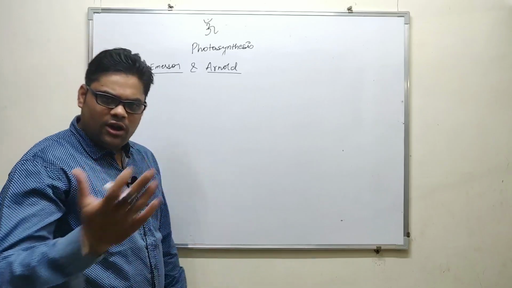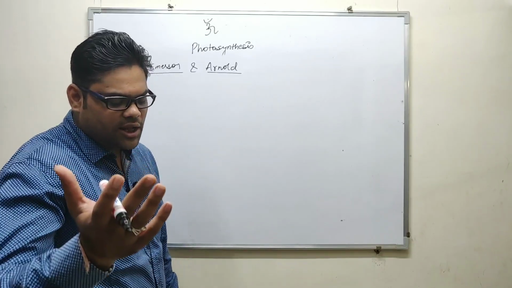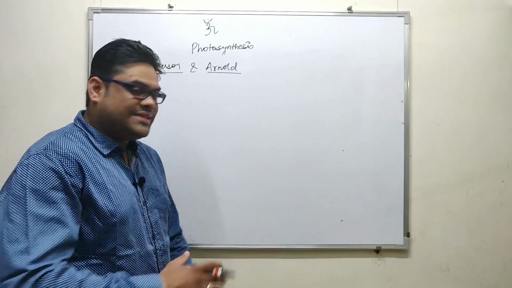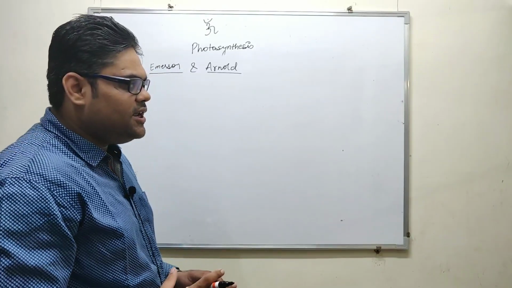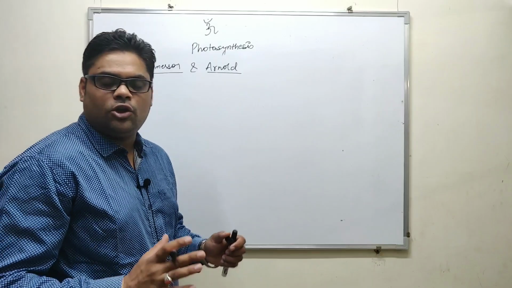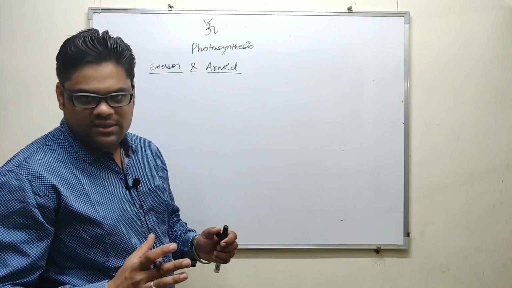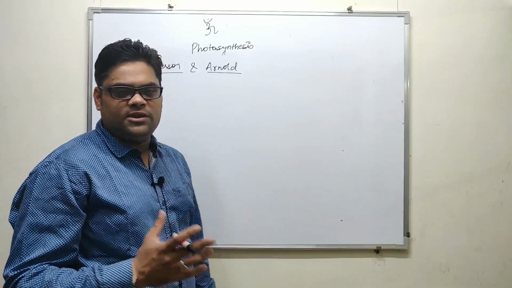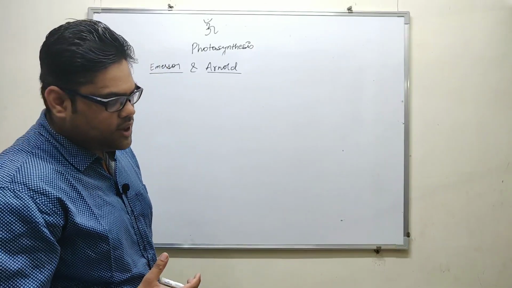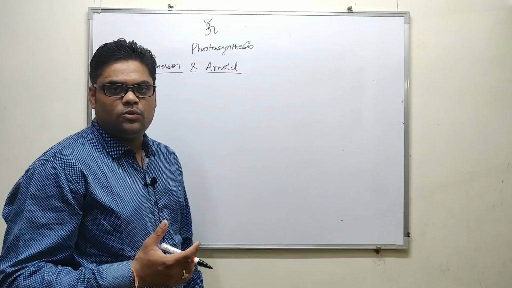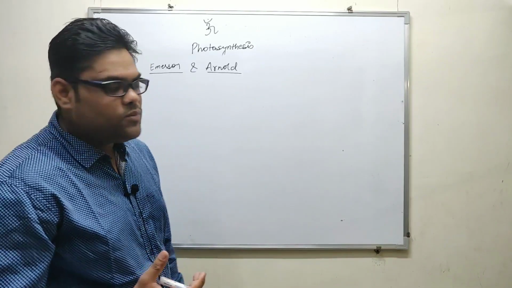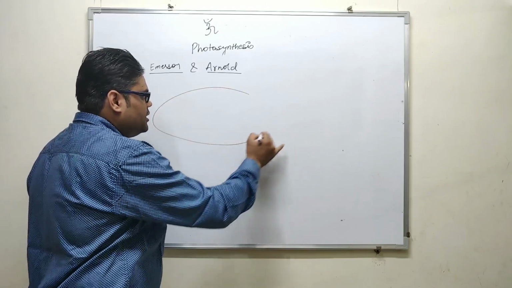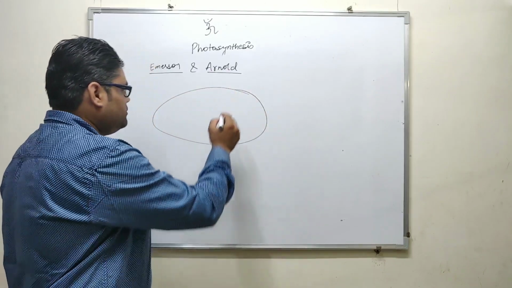As you have studied in class 12, you already know that the site of photosynthesis is the plastid or the chloroplast of the leaf. Leaf contains various cells, mesophyll cells, and these mesophyll cells contain chloroplast. And these chloroplasts contain thylakoids.